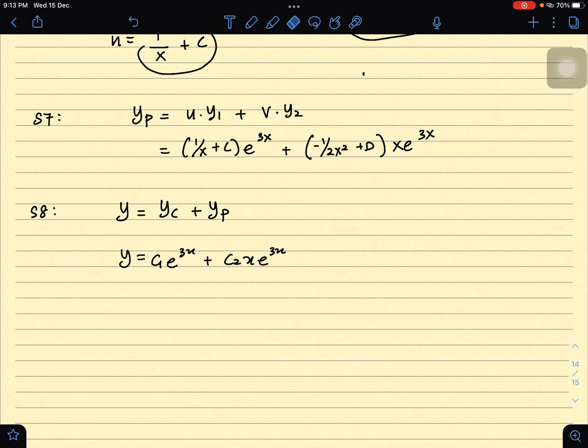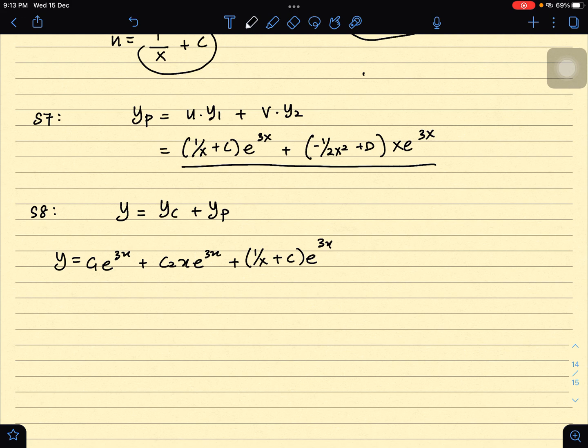Ni YC kita. Tambahkan dengan YP. So tambah 1/X plus C exponent 3X plus negative 1/2X square plus D X exponent 3X.